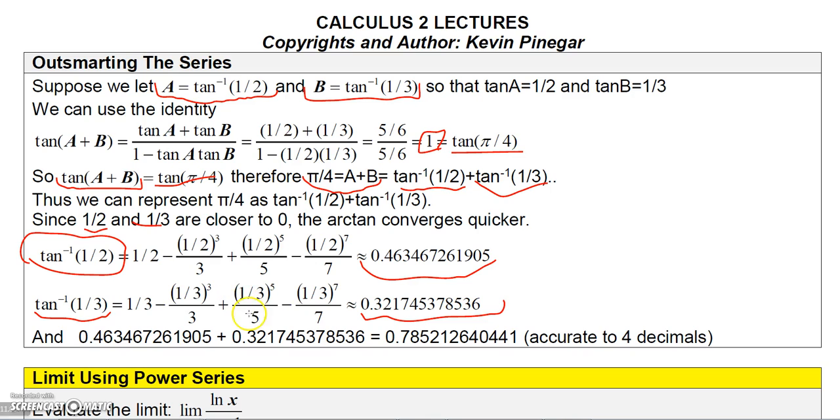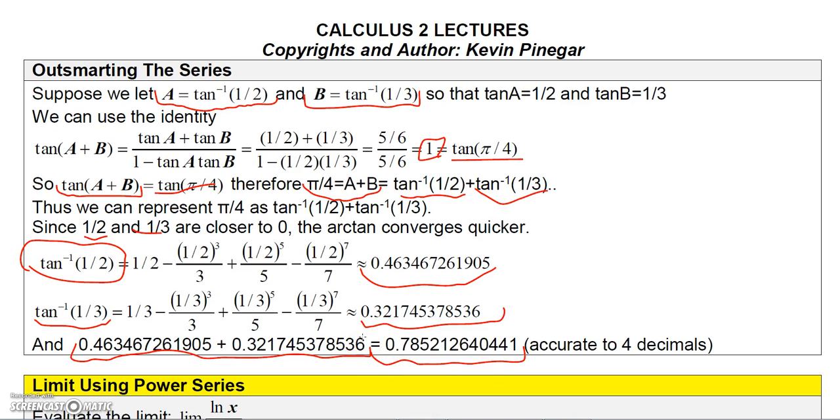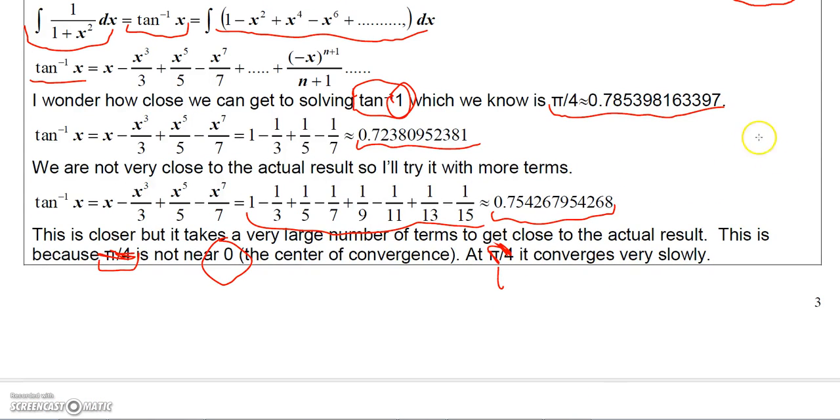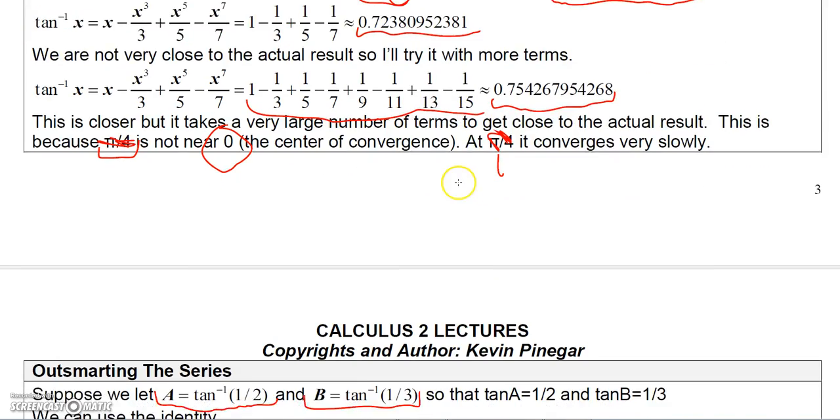And then we know that since pi over 4 is supposed to be the sum of those two, we can add those up, and we get 0.7852 with a bunch of other decimals. And if you remember earlier, I said pi over 4 is actually equal to 0.7854.